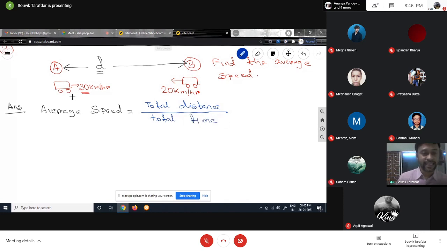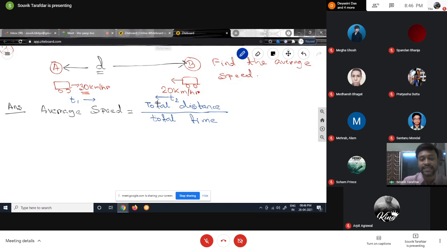Distance we considered from A to B is D. Now I'm considering the time taken to move from A to B is T1, and the time taken from B to A is T2.